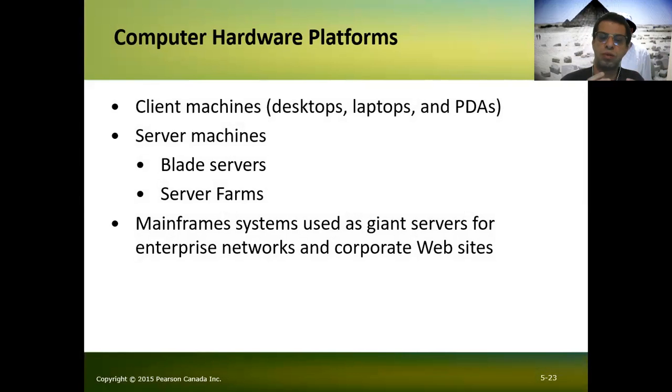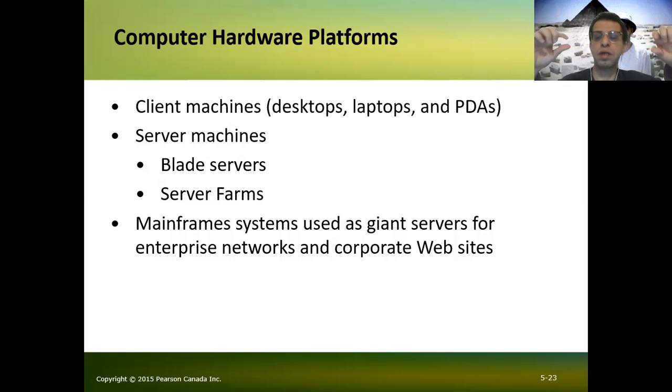Now, if we go to talking about the computer hardware platforms, there is the client machine, like the desktop you're using, the laptop that we are using, the PDA, the mobile, or the tablet. And then you have the server machine, which is a blade server and server farms. Blade servers are usually a rack with different small servers. You slide them in, and if you go to the data center, you see there are lots of them.